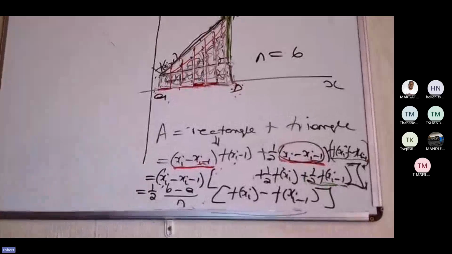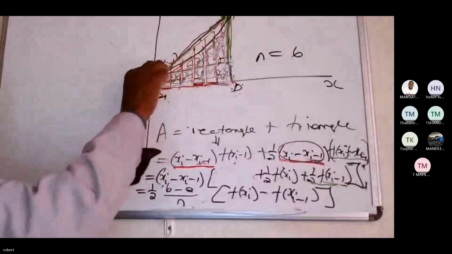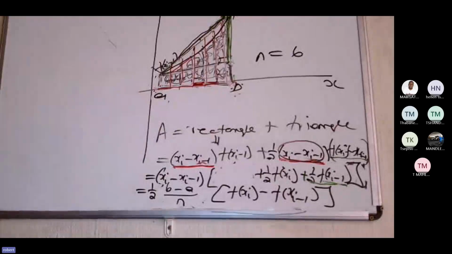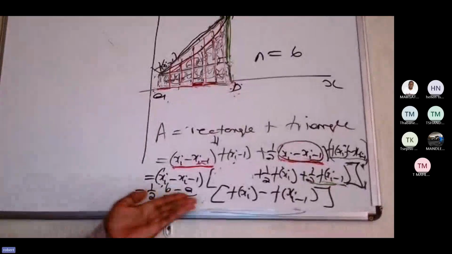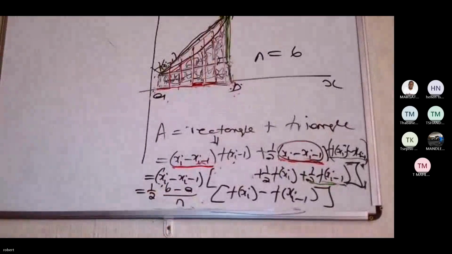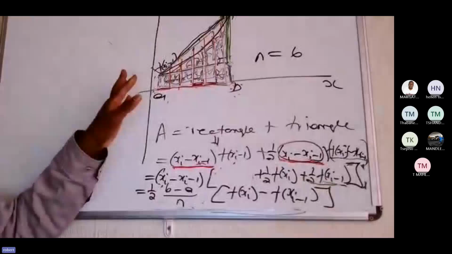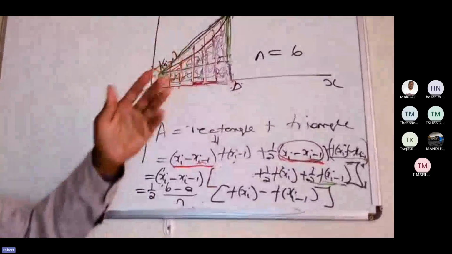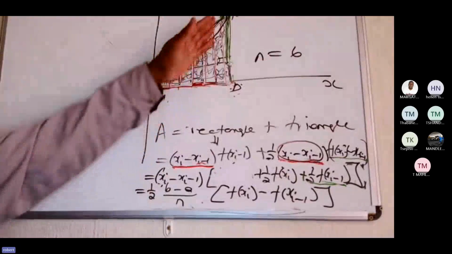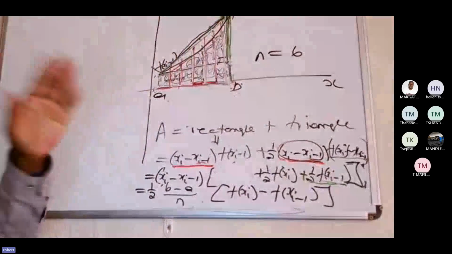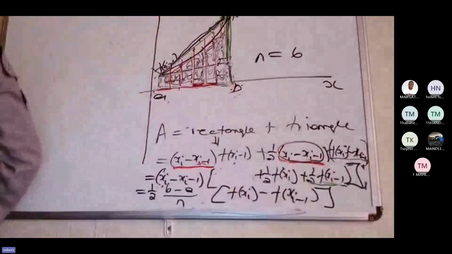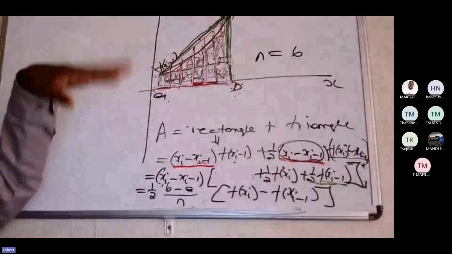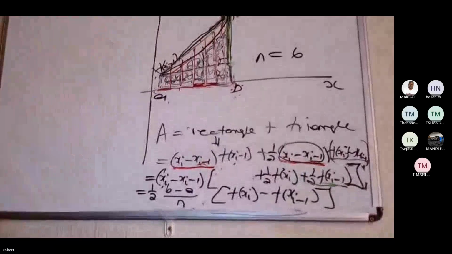The assumption is this curve is continuous. If it is not continuous, this is not going to make sense. It's continuous, but it's not integrable. Or even if it is integrable, the question may still say, find the area under this curve using trapezoidal rule, or using Simpson rule, or using mid-ordinate rule.